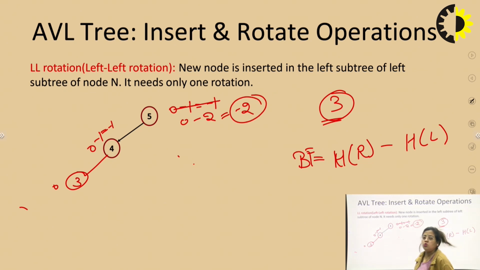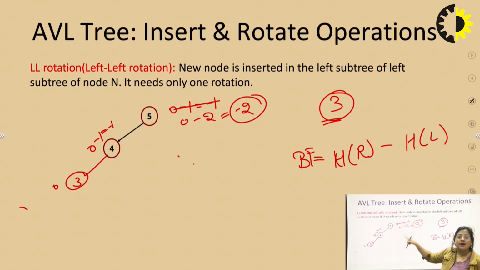According to the AVL property, if your balance factor is 2 or minus 2, then you need to rotate. Your tree must be balanced.